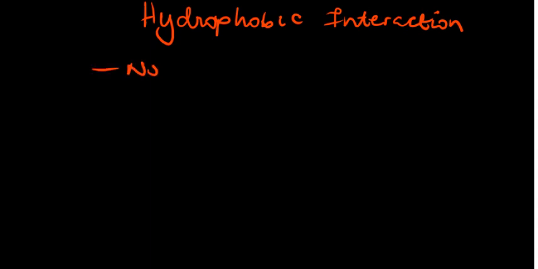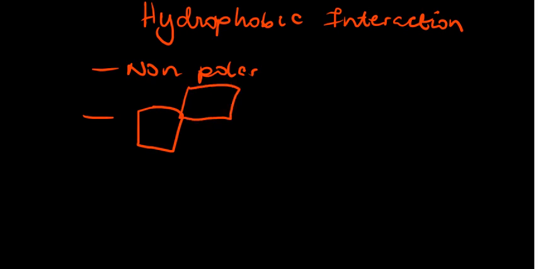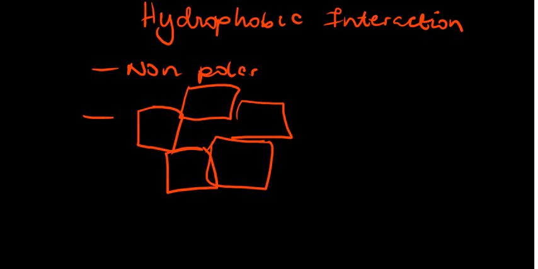So key thing, non-polar molecules or non-polar portions of molecules tend to aggregate. When they aggregate, they come together. So if this is an atom, it's non-polar, they will come together. Okay, they'll aggregate in water in a phenomenon that we call the hydrophobic effect.